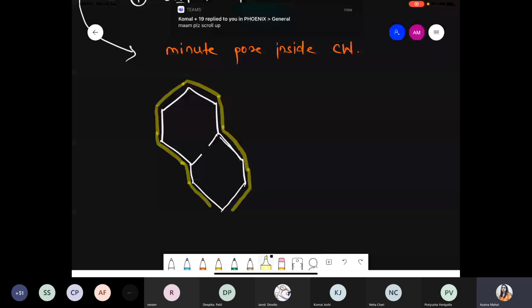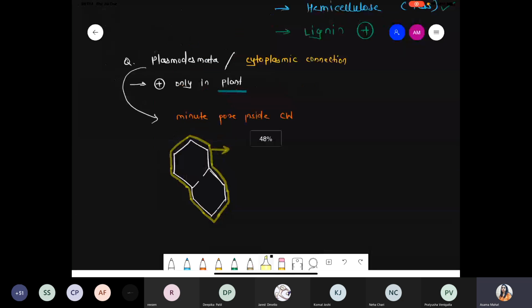So this part is called the cell wall. For the cell wall, I'm writing CW, the outermost layer, represented by this white color. Now these are the PM, that is, the plasma membrane. The plasma membranes of the cells show a connection like this, and that is just a minute pore.